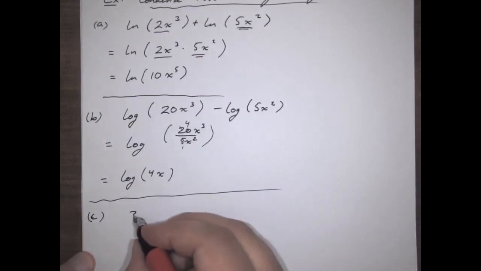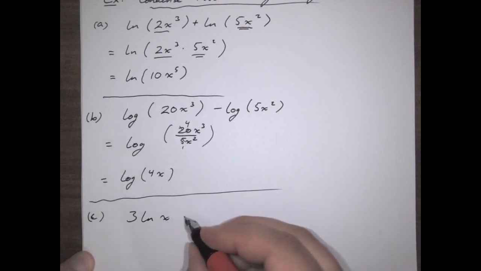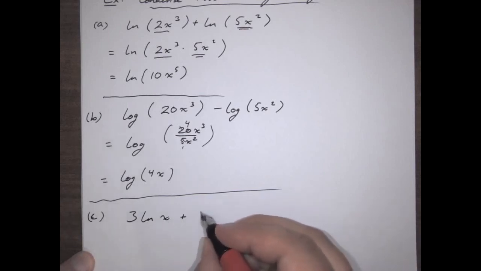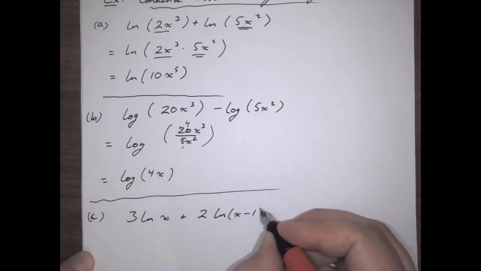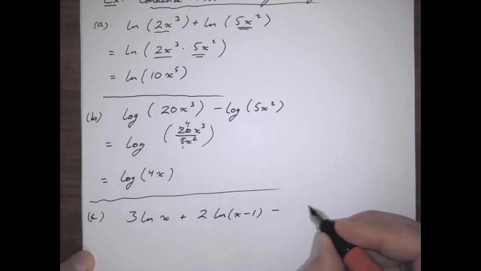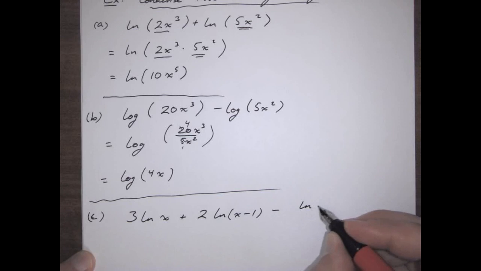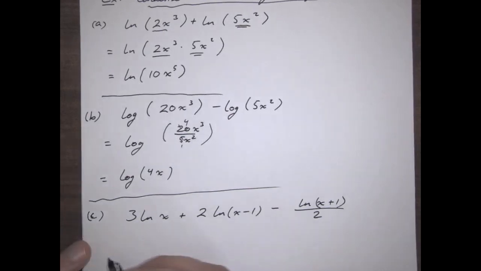So we could have 3 times ln x plus 2 times ln x minus 1, and then let's say minus ln x plus 1 divided by 2. And let's see what that leads us to.